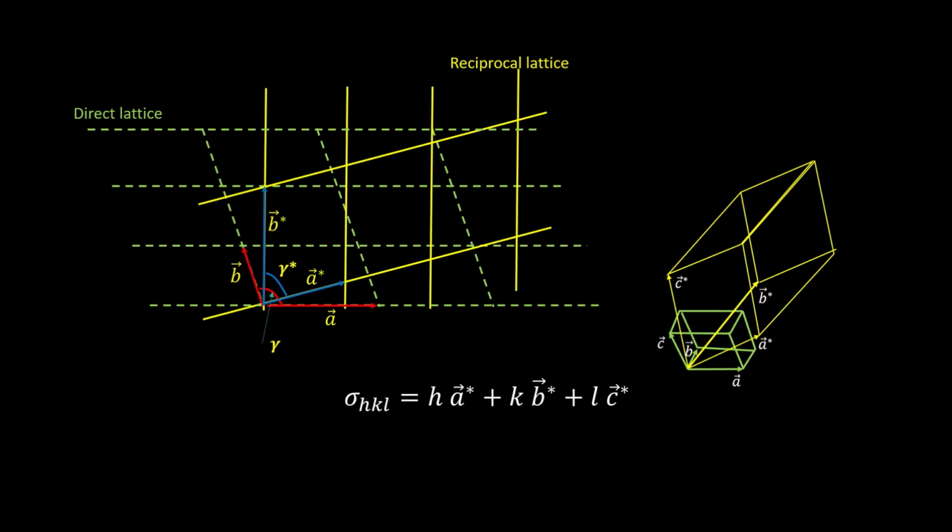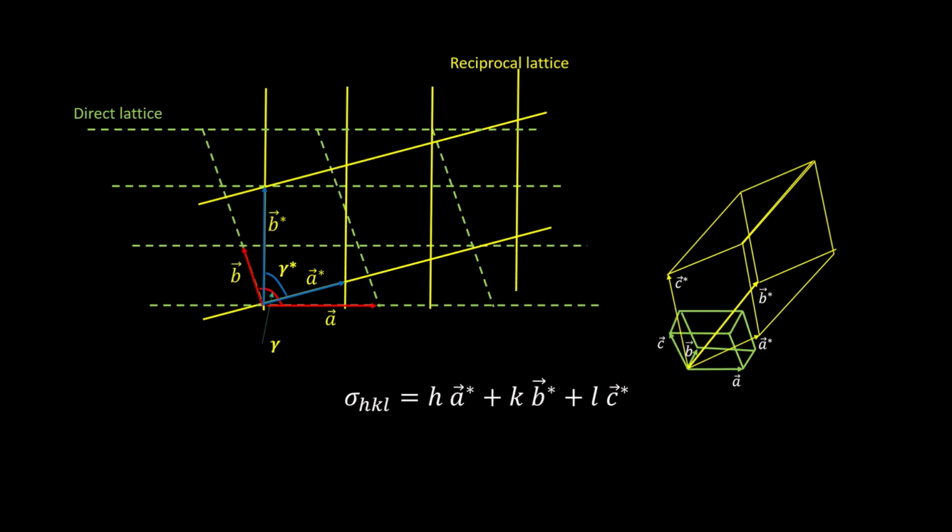If the unit cell axes and angles of the direct cell are represented by the vectors A, B, C and the angles alpha, beta and gamma, the corresponding parameters for the reciprocal cell are written with the same symbols, adding an asterisk, that is A star, B star, C star and alpha star, beta star and gamma star represent the lattice parameters in the reciprocal lattice space.